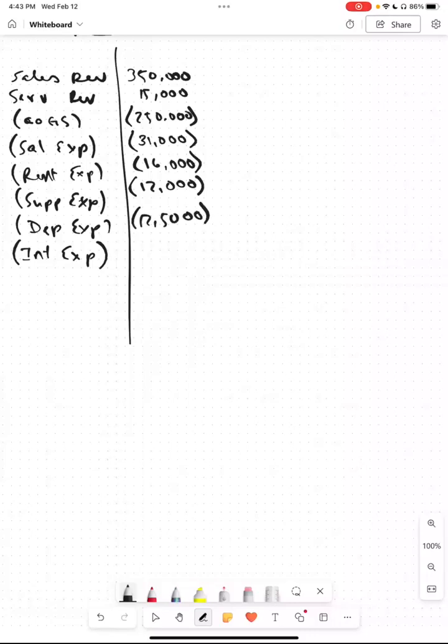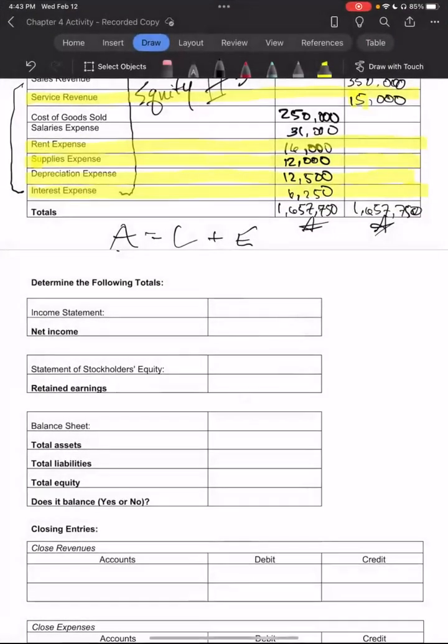And our interest expense was 6,250. Okay. So what we end up with here is a net income of $37,250. Okay. So we're just going to add that here. And that'll be your answer for what were your income statement totals.